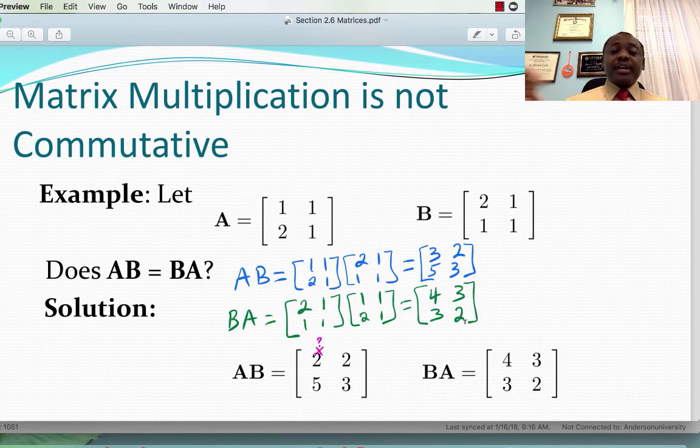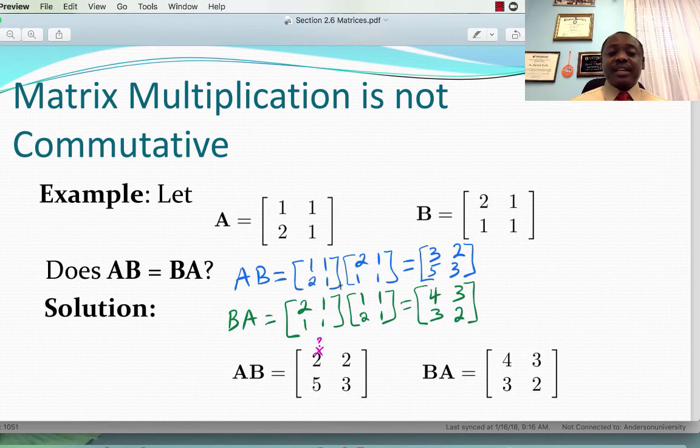But as you progress in your math journey, you come to realize that the set of real numbers is not the only set that we have around. There are all kinds of sets, including the set of matrices. And when we come to the set of matrices, commutativity does not hold. A times B does not always equal B times A.